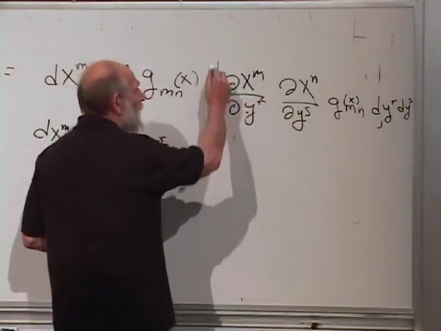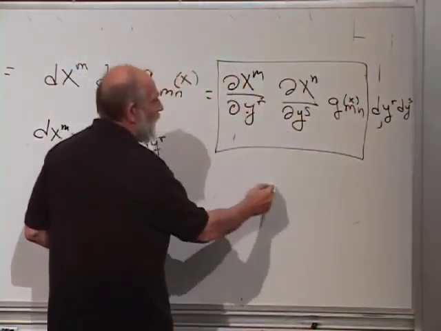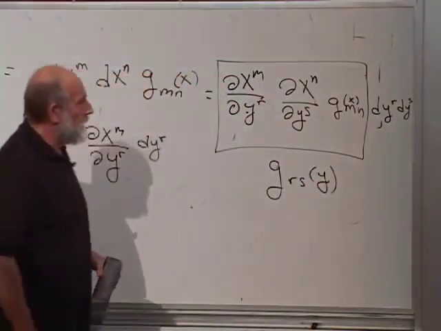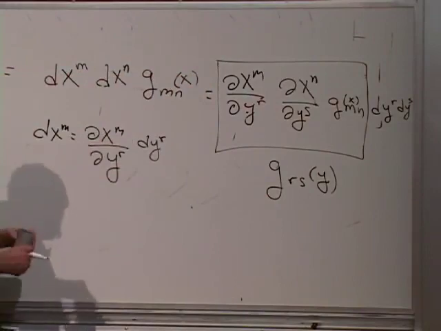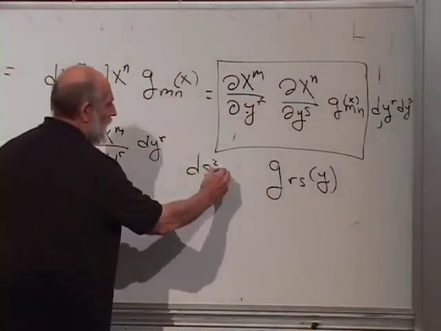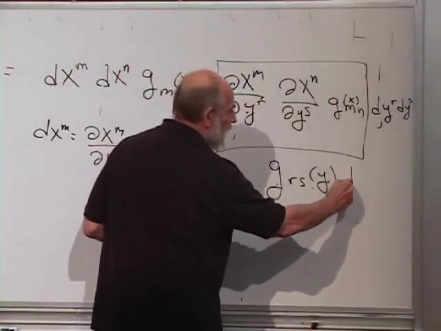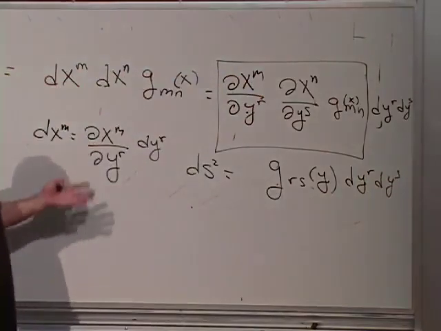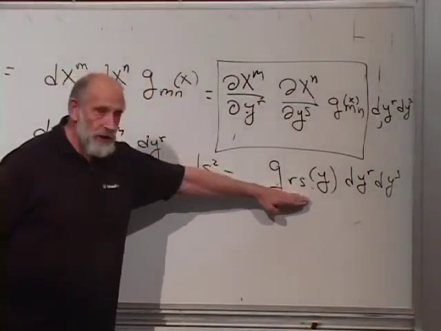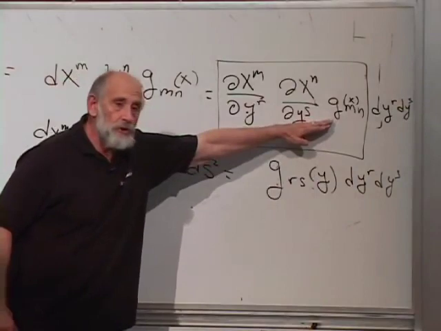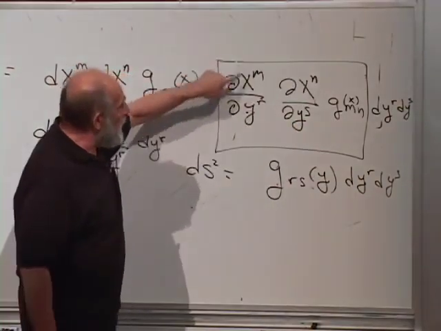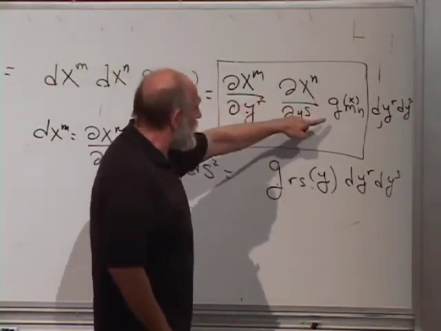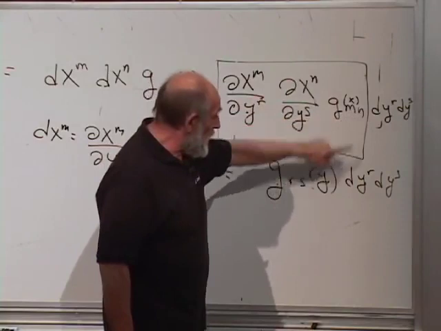And now if I take this whole thing here and call it g_rs of y, then my formula reads that ds squared is equal to g_rs of y dy^r dy^s. In other words, we've discovered that g in the y-coordinate system is g in the x-coordinate system times these familiar factors, which are the standard factors for the transformation of covariant indices.